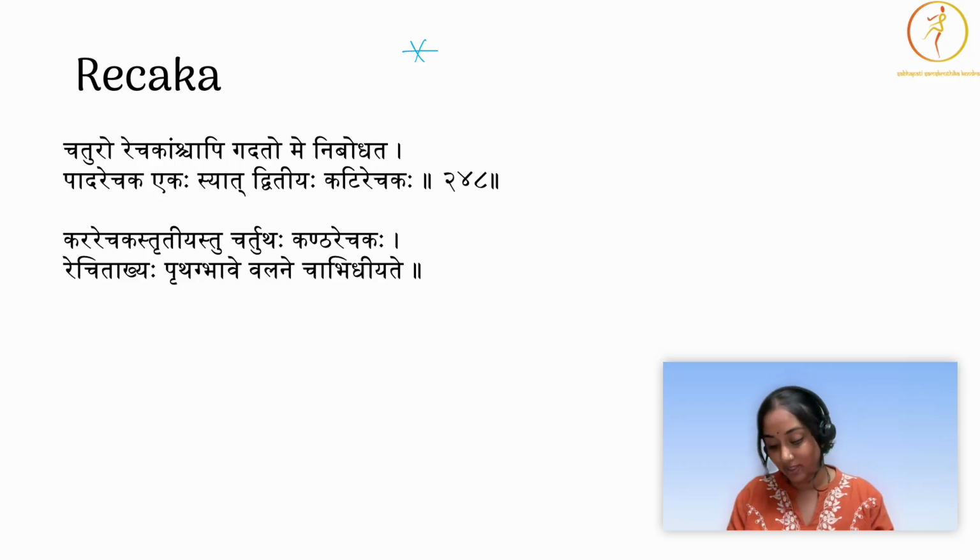Just like Gamaka is a decorative, ornamental element of music, instead of singing plain, they give a lot of Gamaka movements in the music. That to music is Rechaka to dance.